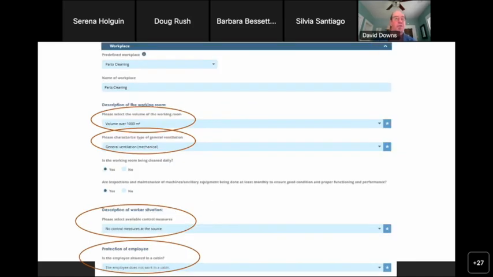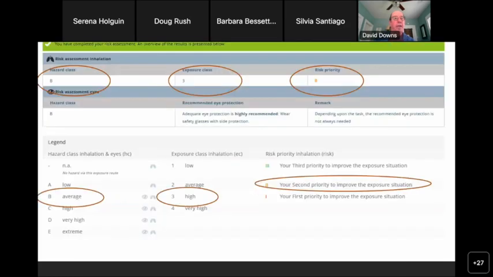It goes into some very simple modeling in terms of the area. And then finally, it will identify that hazard class and exposure class, and ultimately come up with a risk priority. In this particular case, it came up with a second priority to improve your exposure situation.